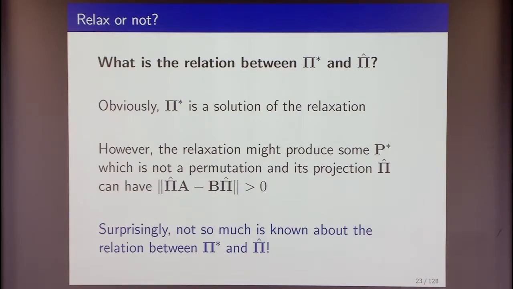Of course, there are some graphs for which trivial things can be said. For example, if I have a bipartite graph or a tree, there are trivial algorithms that can give me the exact isomorphism. But in general, it looks like not so much is known about the relation between these two problems.